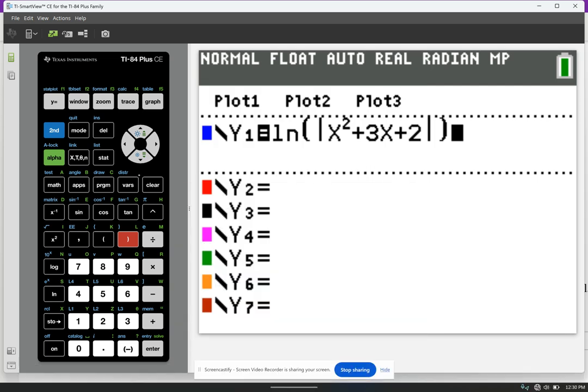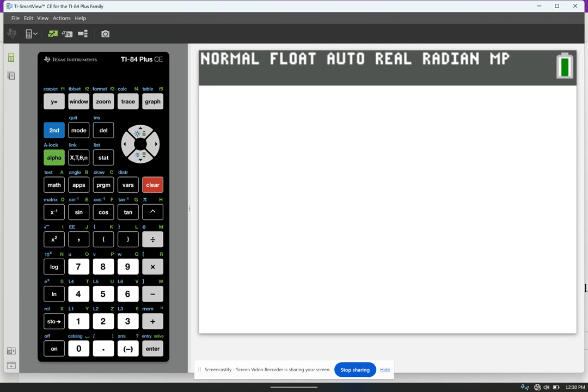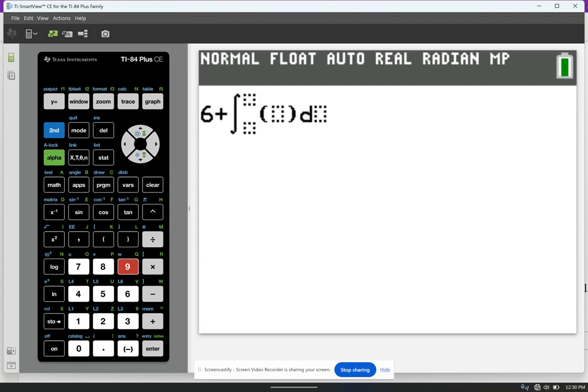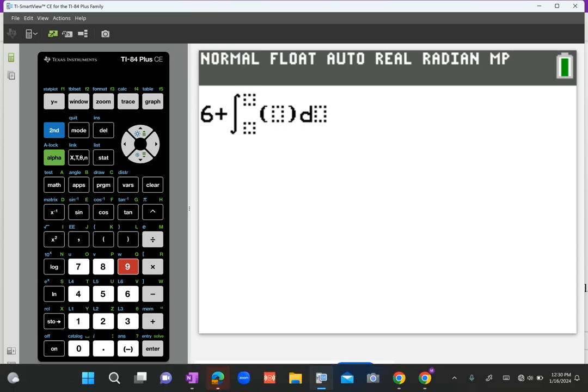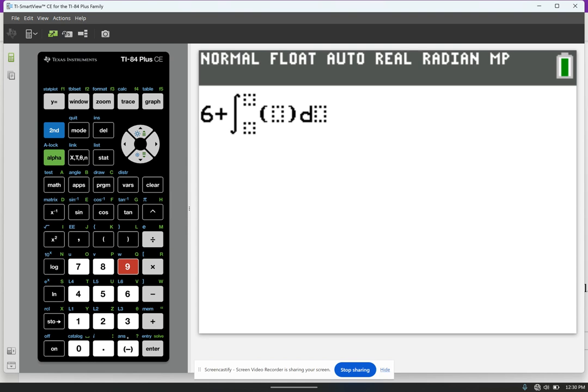And so I come to the home screen, second mode, and let's erase all this business. So we know that the initial value is 6 plus. Now we're going to do the definite integral. The definite integral is going to allow me to figure this out on the calculator. If I go to math, option number 9, we're going to go from negative 3 to 4 of this function that I just saved in y1.